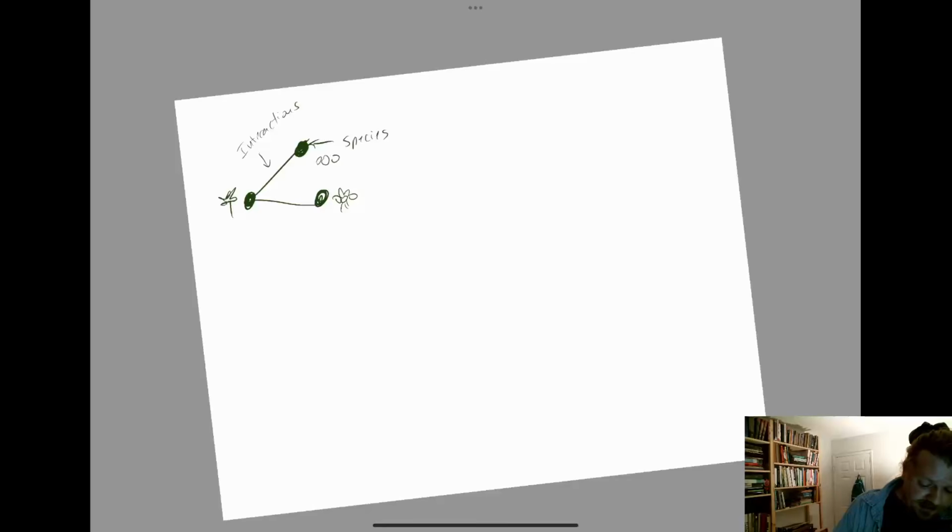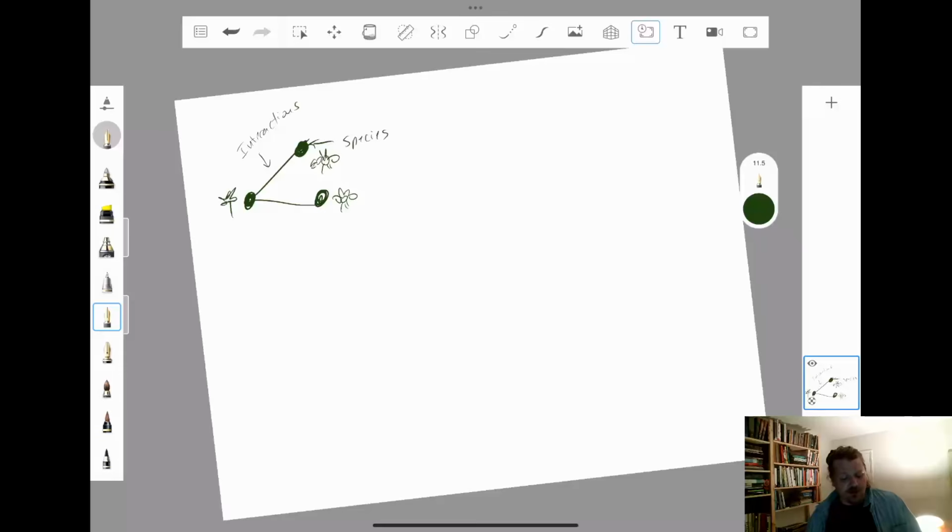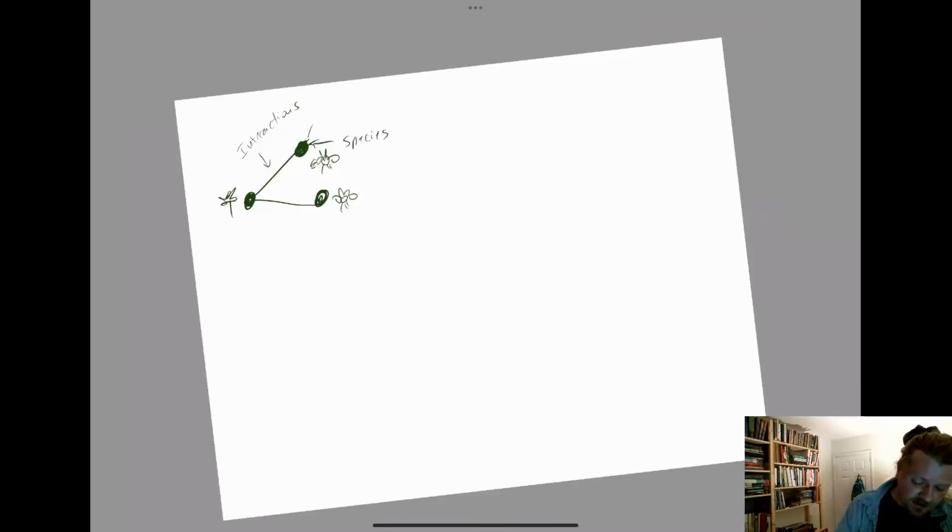And this doesn't have to be a mutualistic network. This could be two different herbivores, for example. But we're talking about mutualistic networks right now. But this is one way to visualize these networks. It's the most common way that I think people think of them. So if you think of a social network, you and all your friends are nodes, and the time that you spend together are the edges. Nodes are points, the connections are edges.